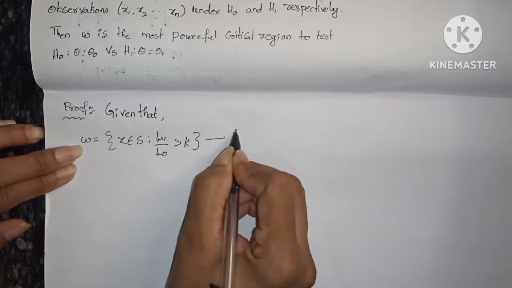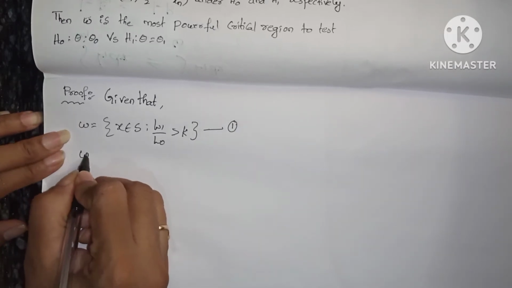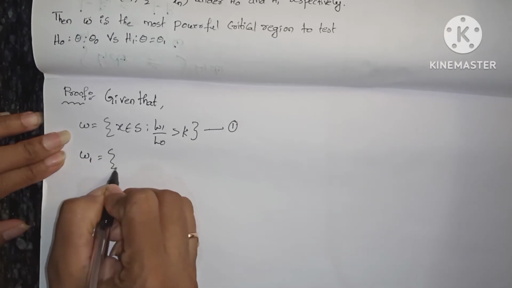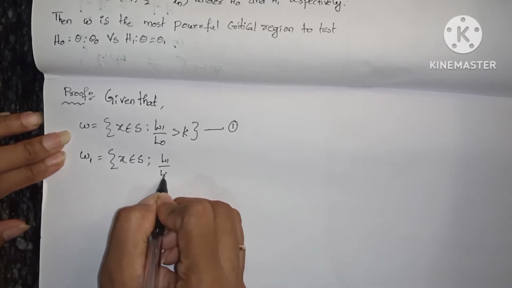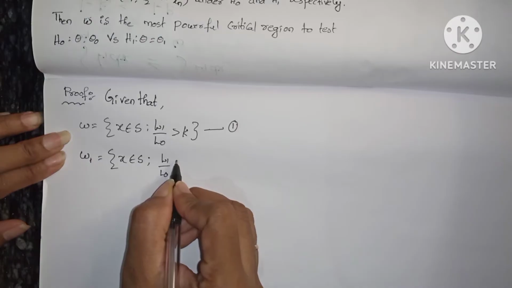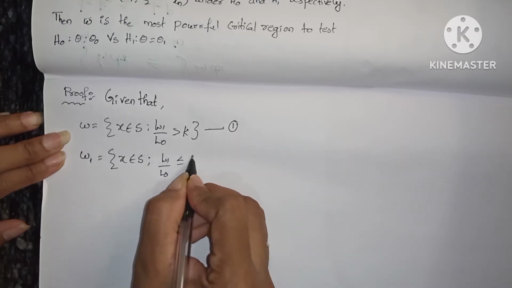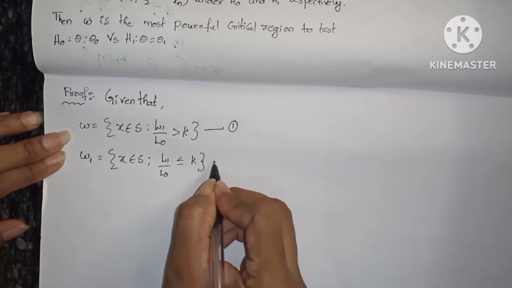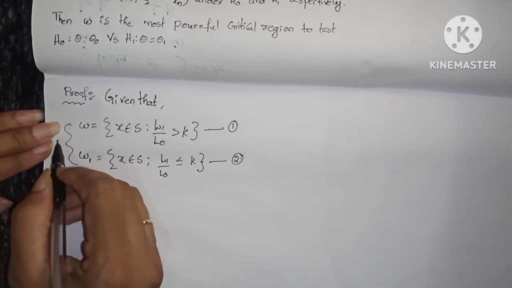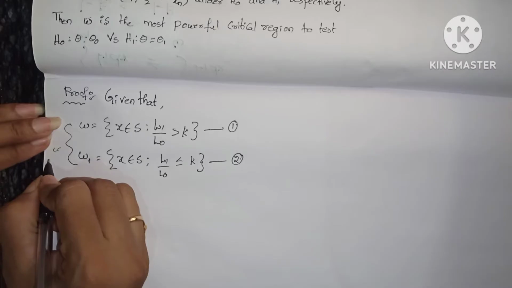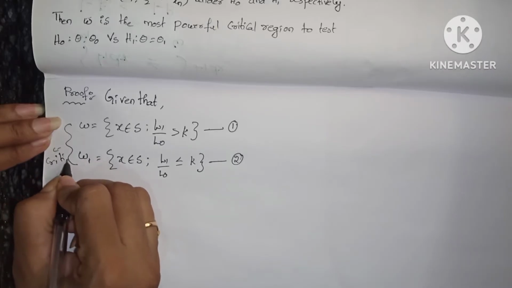This is set 1, equation 1. And omega 1 equals x belongs to S such that L1 by L0 is less than or equal to k, since one is greater than, the other will be less than or equal to k. This is equation 2. These two are called critical regions.